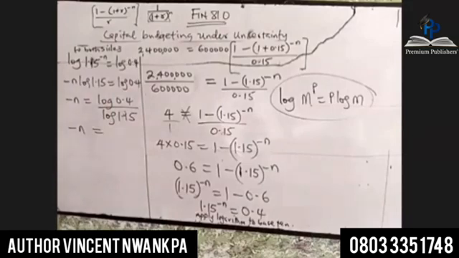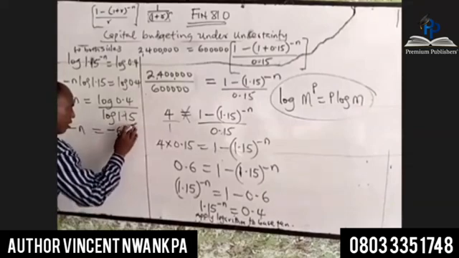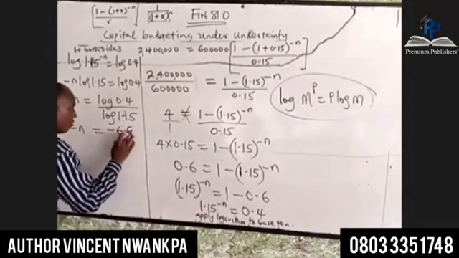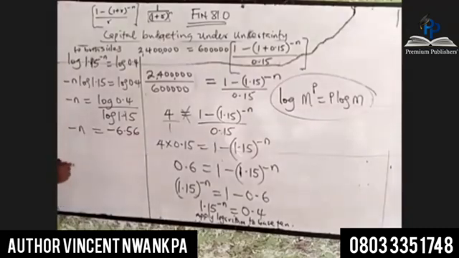That's always been the rule. Minus 6.55. So approximately n is 6.6.